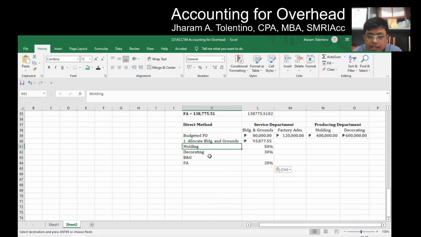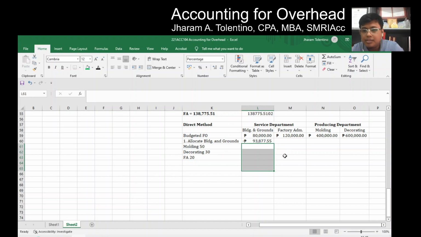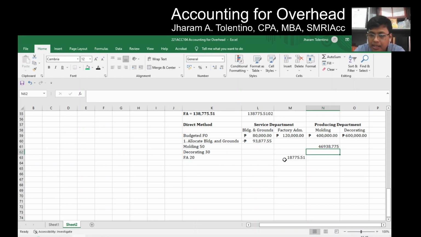Allocate natin na X. This is 50. This is 30%. This is 20%. Ayan yung tinutukoy ko na parang direct method. Kasi multiply mo siya based on the percentage na. So, FA will have 93,877.55 times 0.20. Next, si molding will have 93,877.55 times 0.50.